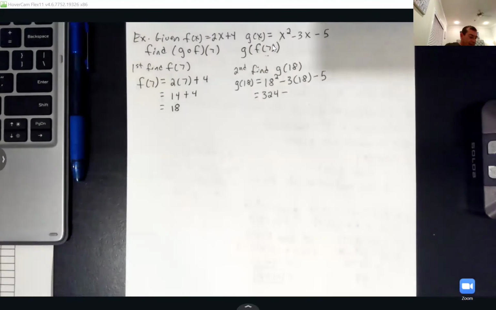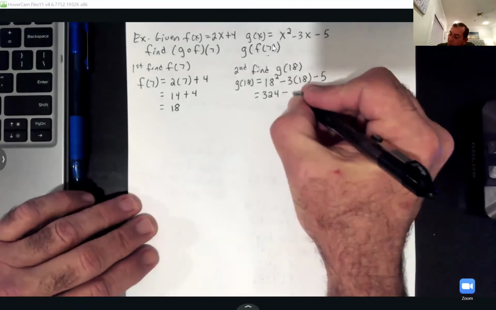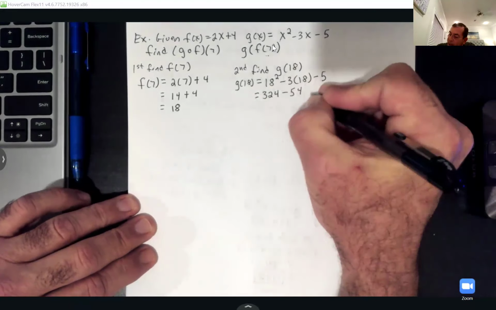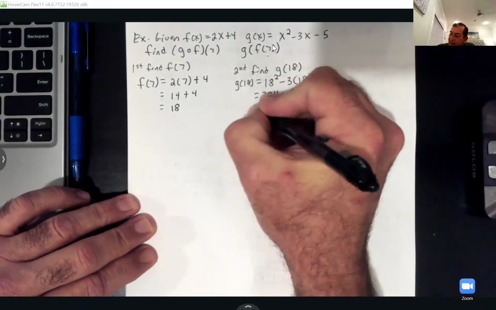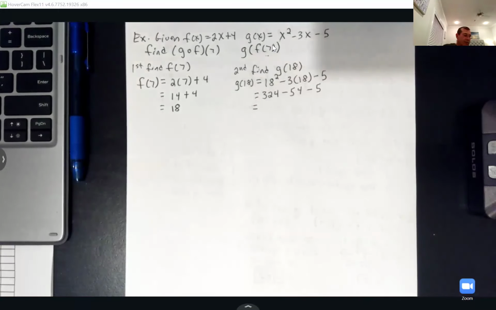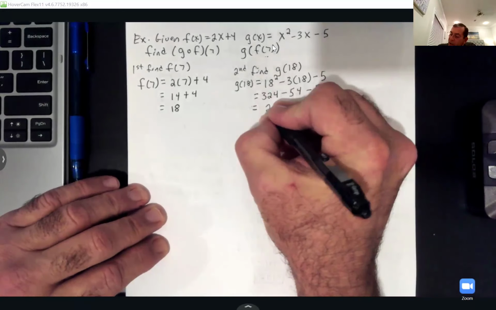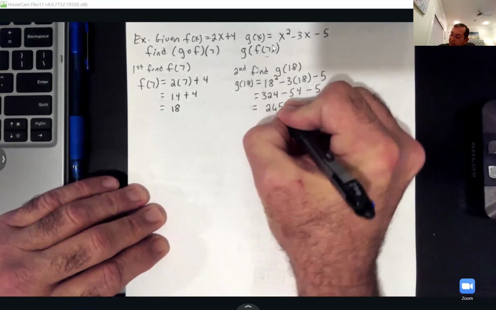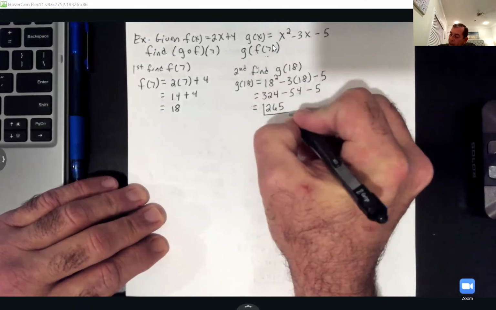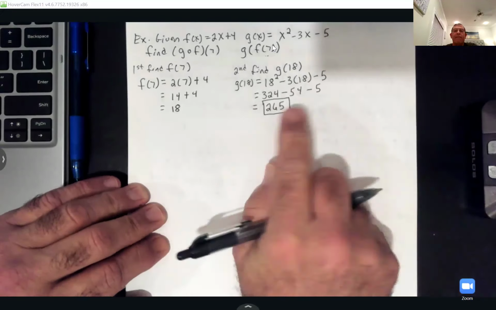Minus this 3 times 18 is 54. And then minus my 5. So y'all, let's see what we get. 324 minus 54 minus 5 gives me a total of 265. And that would be our final answer.